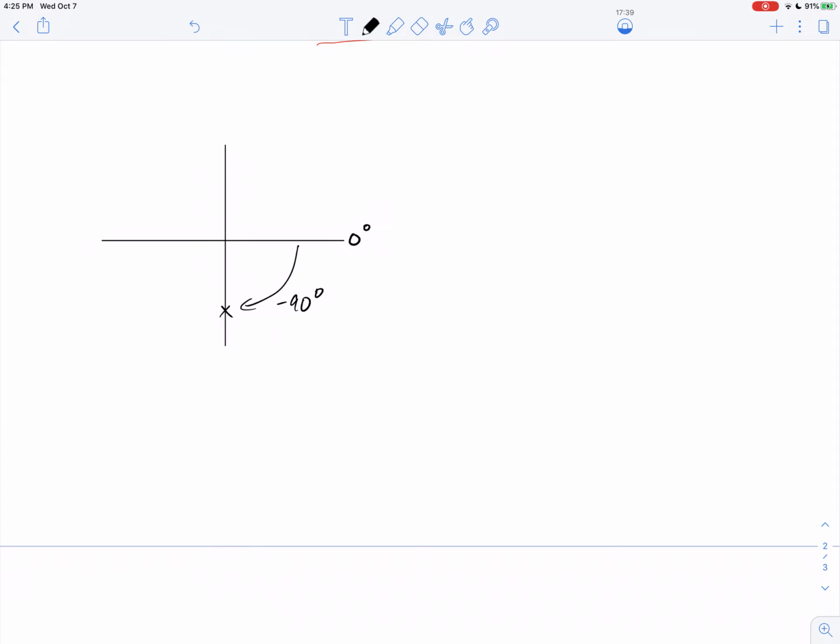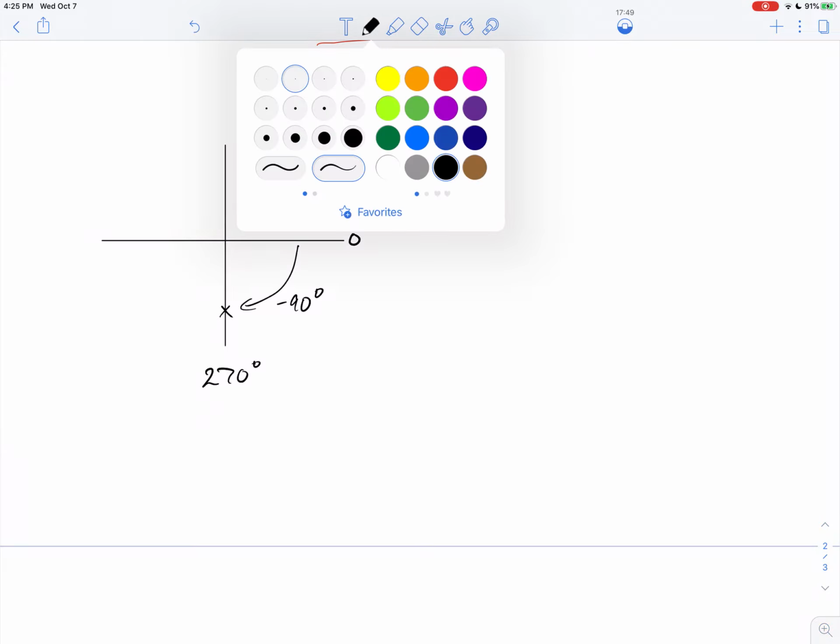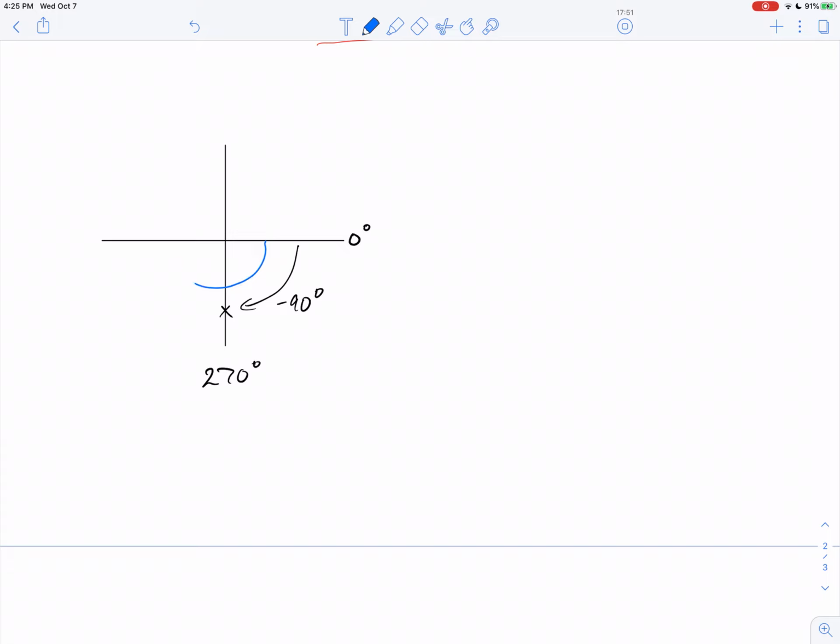Well, that's going to give me the same exact result as a 270-degree angle. Or what if we want you to have a negative 270-degree angle? Well, wouldn't that be the same thing as a positive 90-degree angle? You'd still end up here.